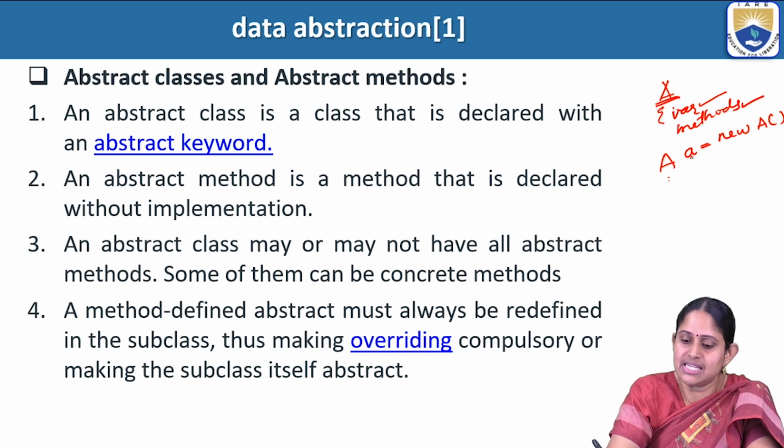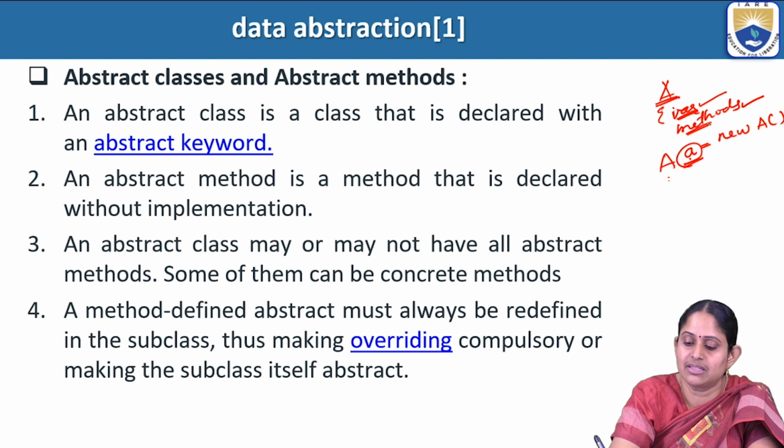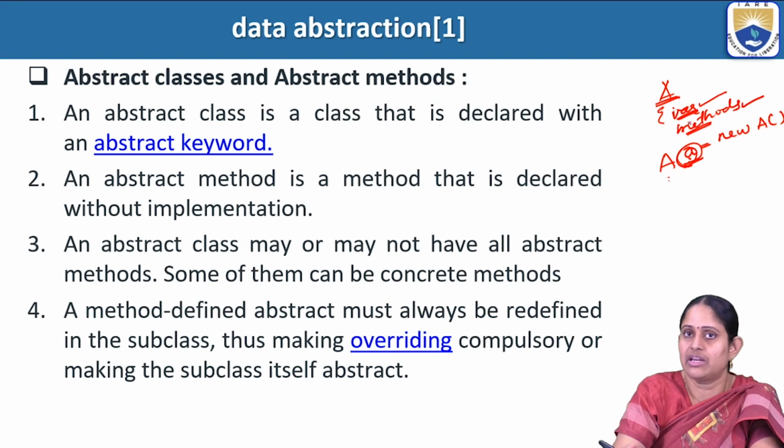When this object is created, it can access all the variables present inside it, as well as the methods. The user who is accessing this object need not know how these methods are implemented. You just invoke them.